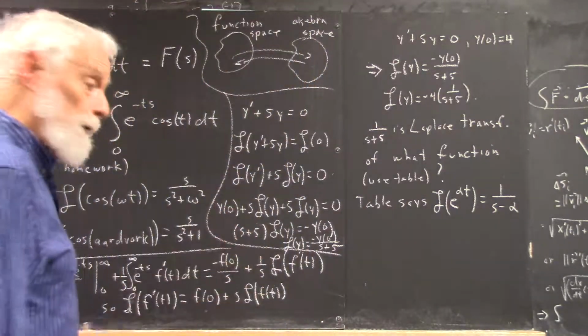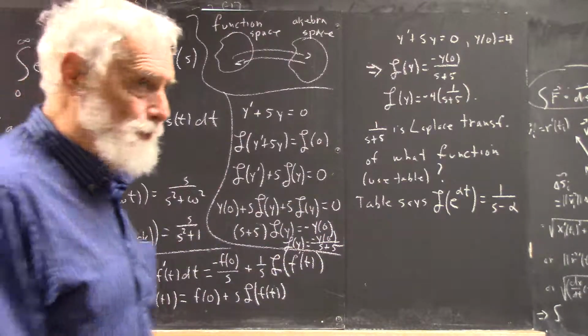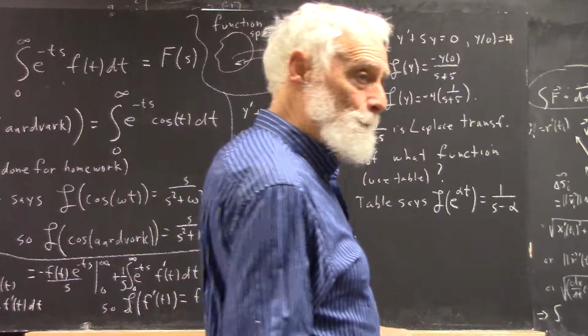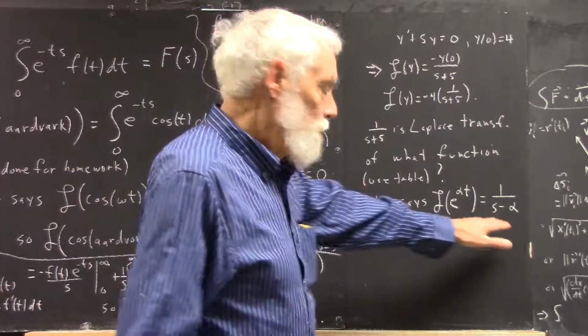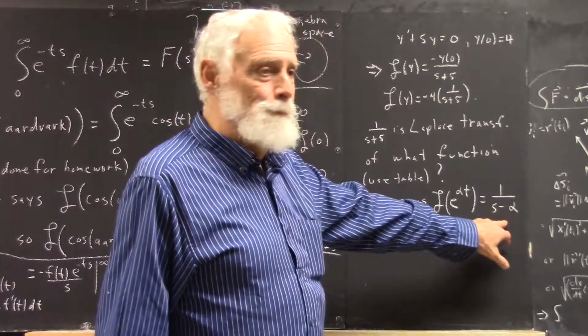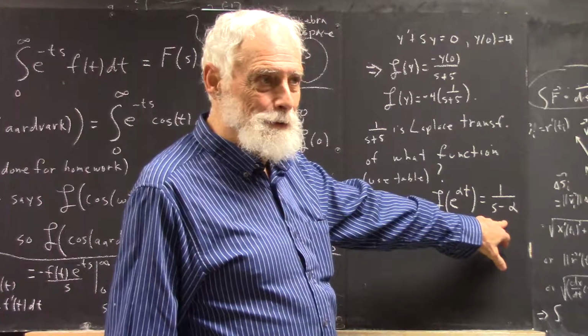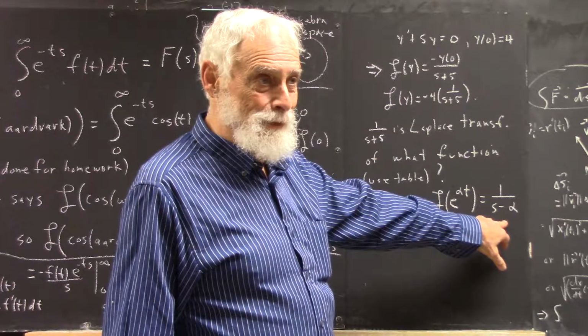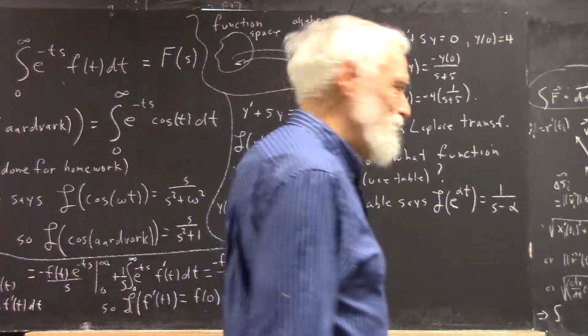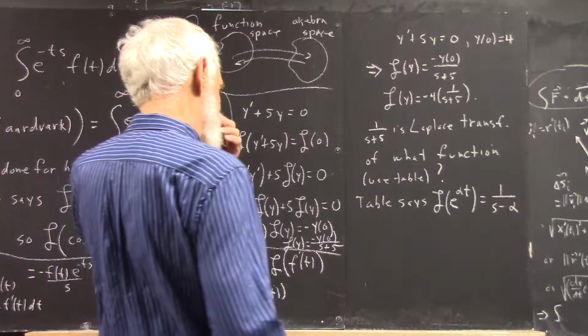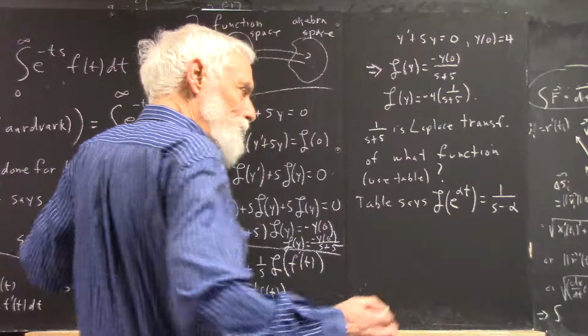No integration by parts, no tricks, just very straightforward, okay? So anyhow, that's what the table says. This is probably the second easiest integral on the whole table. The easiest one is where f of t is 1, okay?